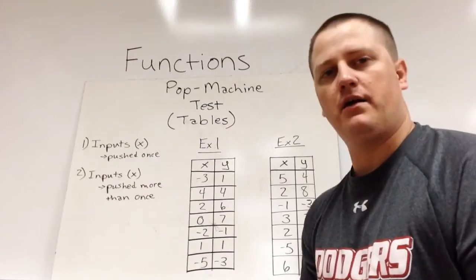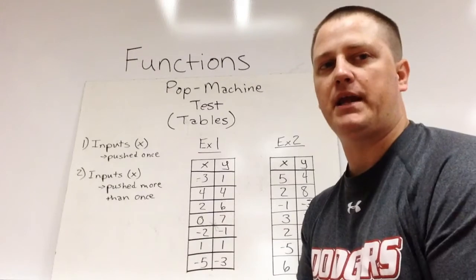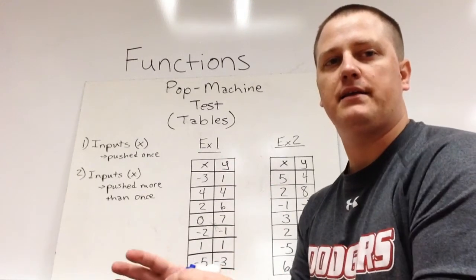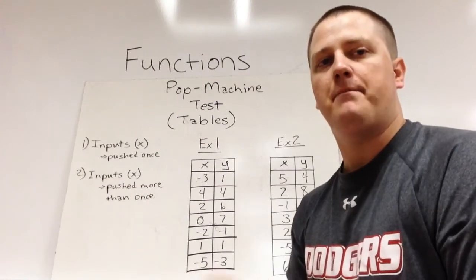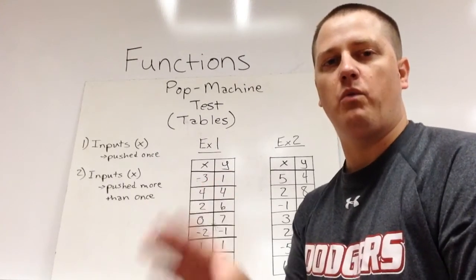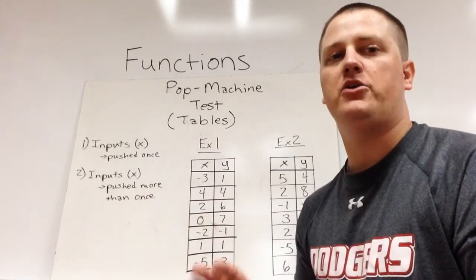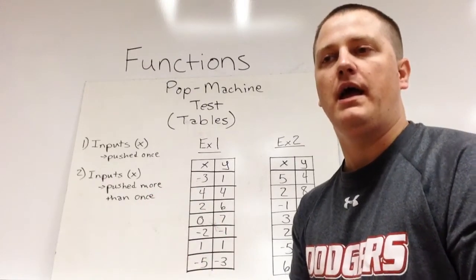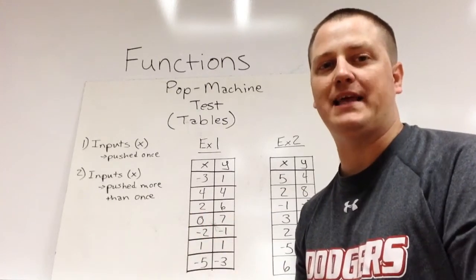The reason we call it a pop machine test is when you have a pop machine, if you put money in and you hit the button, you expect to get a specific pop from that button. But if you hit that button once and get one type of pop, when you hit it a second time, you expect to get the same type of pop the second round. That means that the machine is functioning correctly.